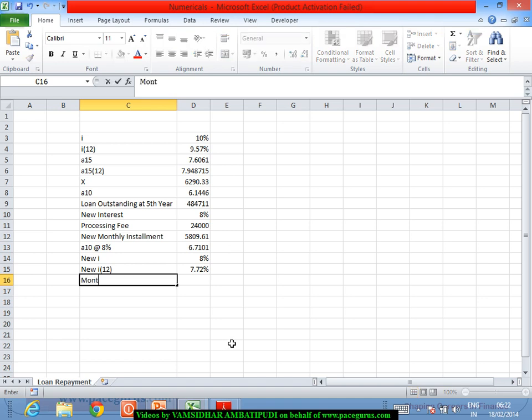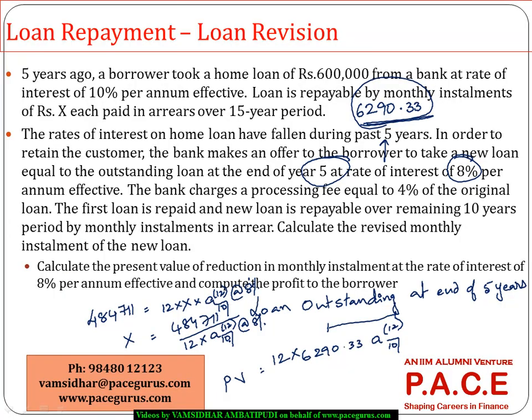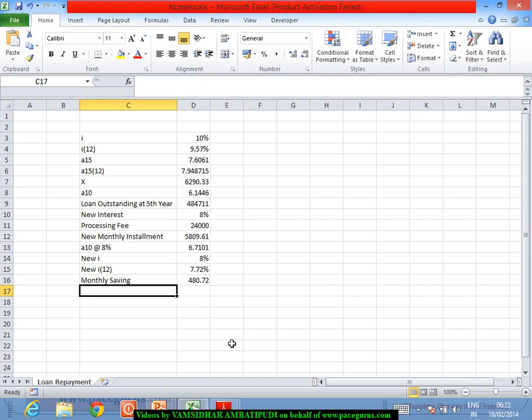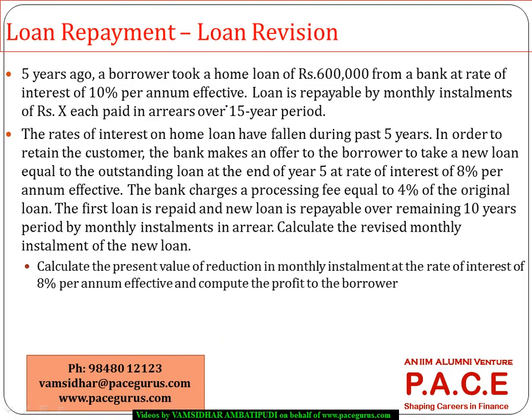Means monthly saving, if you see, every month there is a saving of this minus this. So there is 480 that is getting saved every month. So probably I can find out the present value of the total savings. So over the whole 10-year period, I am getting a saving of 480.72.